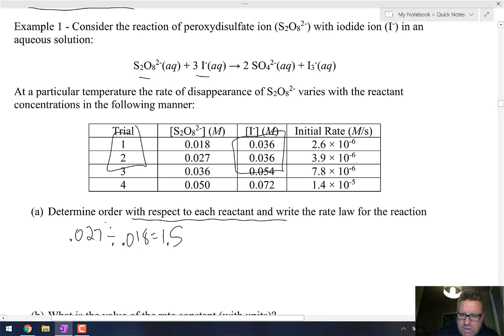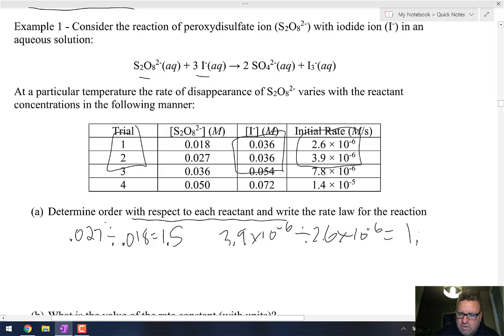That especially comes into play when you have numbers in scientific notation that have different exponent values. And sometimes you're not sure. Well, always just take the second one, divide by the first one, and then see how much it changes. So even here, if you're not sure how much different that is, take 3.9 times 10 to the minus 6 and divide it by 2.6 times 10 to the minus 6.